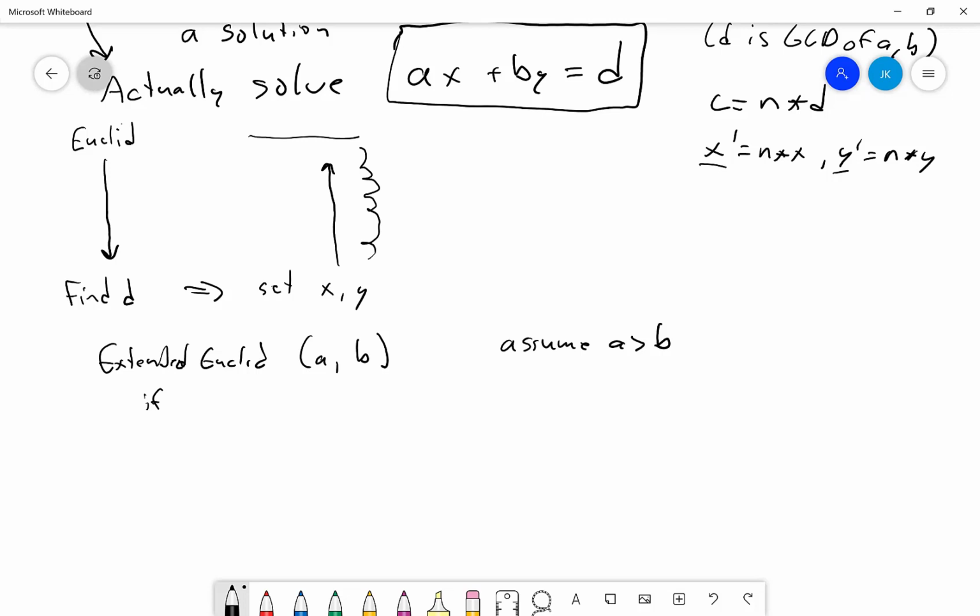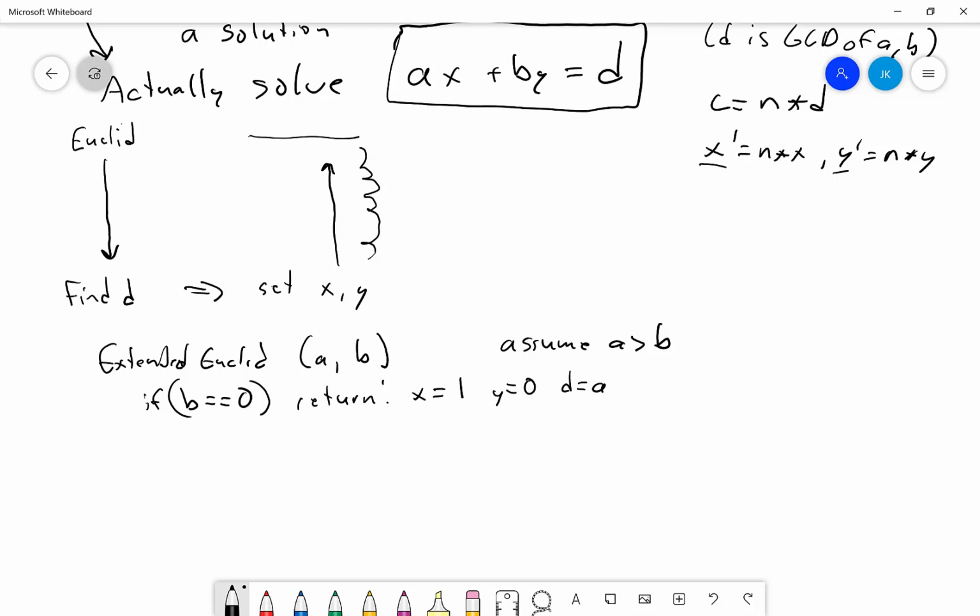So if B is equal to 0, just like before, then we're going to return three values. We'll return x equal to 1, we will return y equal to 0, and we will return d equal to a. So what does this mean? Let's look at this base case real quickly.